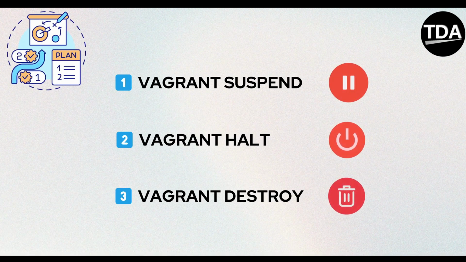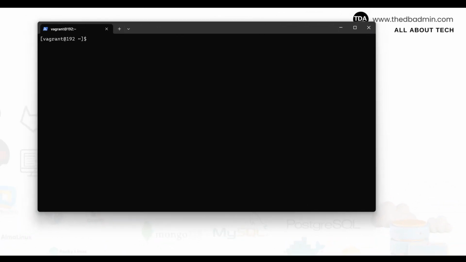If you ever need to stop or delete the virtual machine, you can use these commands. vagrant suspend is used to pause the virtual machine. vagrant halt is used for shutting down the virtual machine. And with vagrant destroy, you can completely remove the virtual machine from your system. Let's have a hands-on of these commands. Firstly, exit from your Vagrant machine. Once you are out of the machine and in the directory where you have stored your virtual machine, type vagrant suspend.